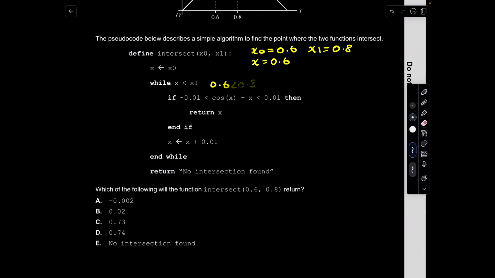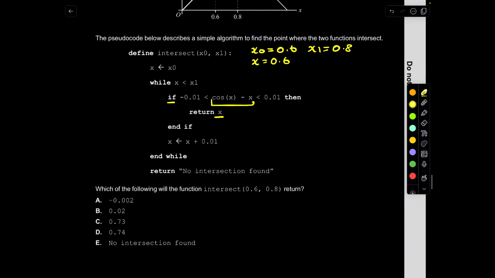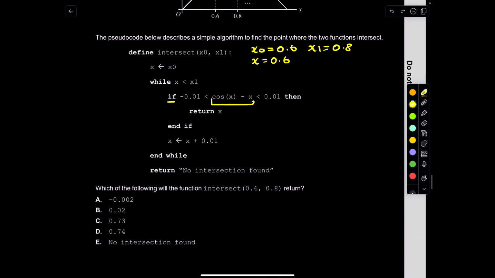So now we're in this while loop. If this value is between negative 0.01 and 0.01, then you return x. And that's what we want. We want the return value. So before we do that, let's think about it. Let's see if our value right now is between these values.